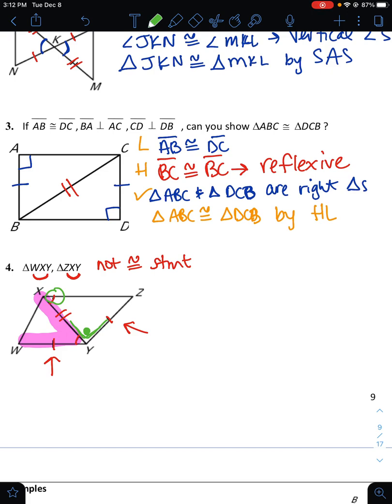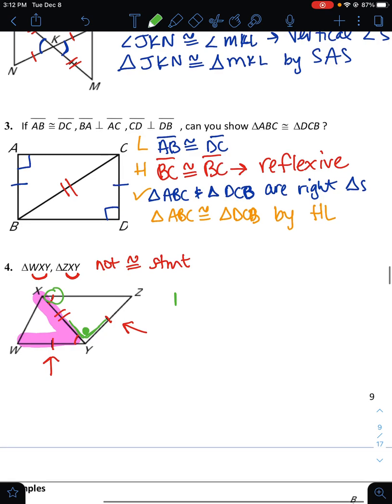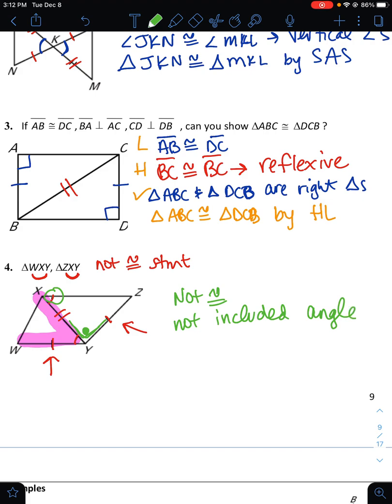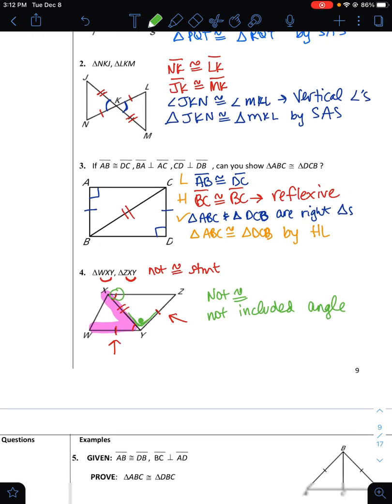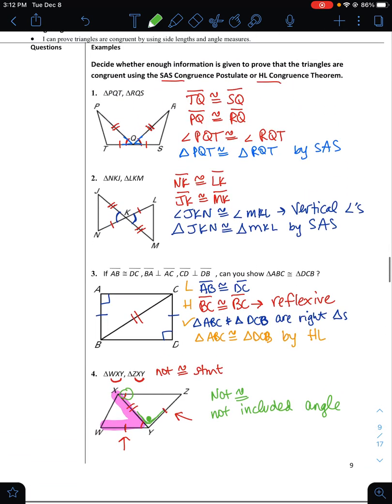So I'm going to say here, not congruent. And then I'm going to add not included angle. The picture should look a little off to you, but we want to really make sure that the correct angle is provided. All right, so we did just sort of an informal layout of identifying potentially SAS and HL.